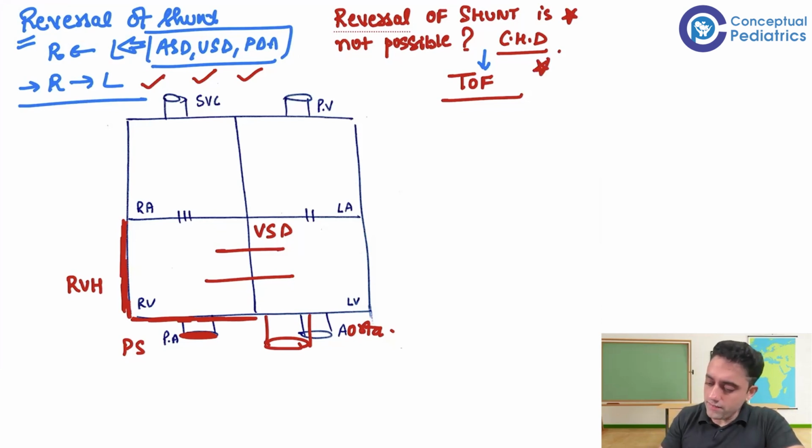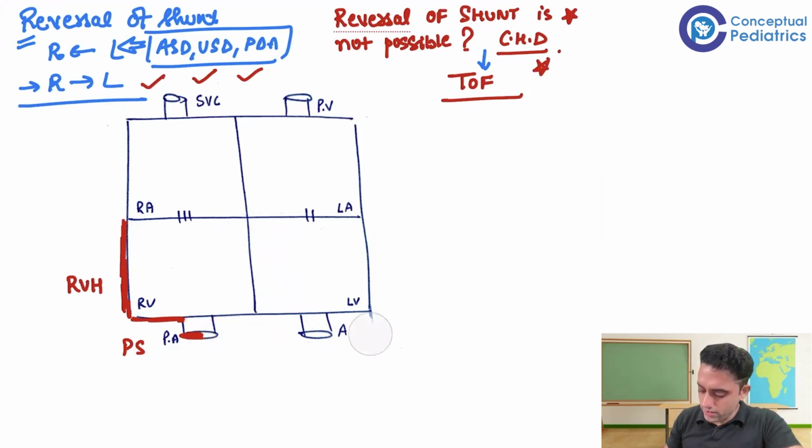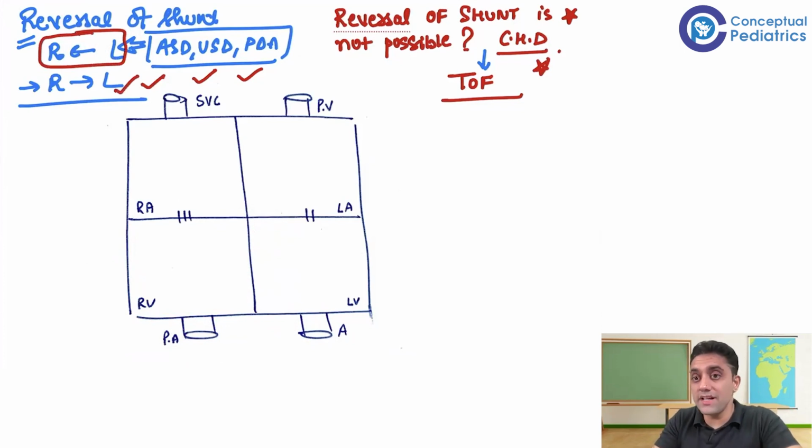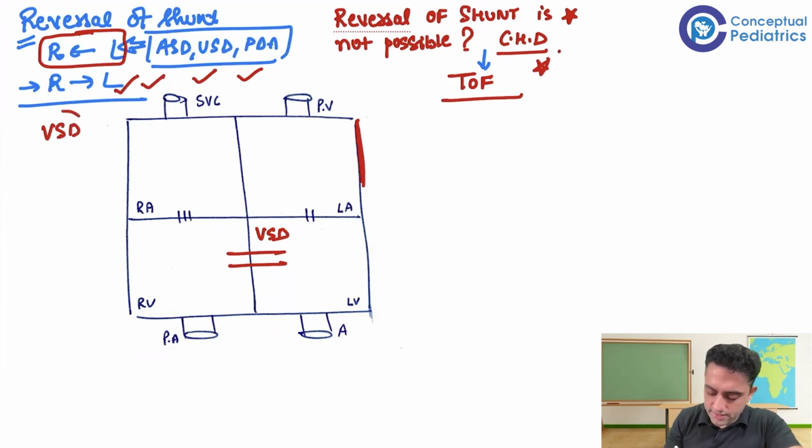What is the meaning of reversal of shunt? It is a shunt which in the beginning was left to right and after some time became right to left. For example, we all know ventricular septal defect. If I talk about only VSD, the left side of the heart has a higher pressure.